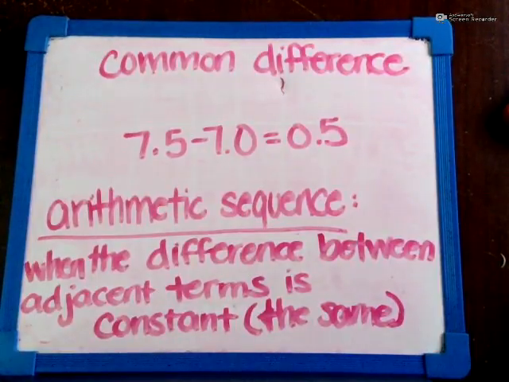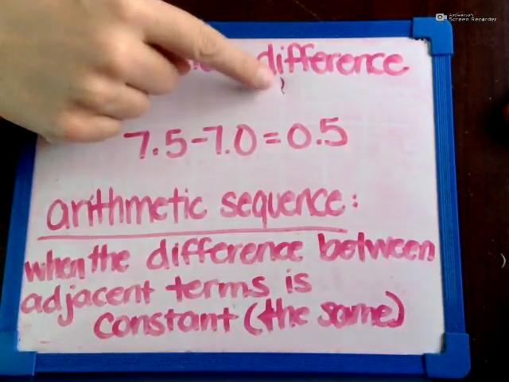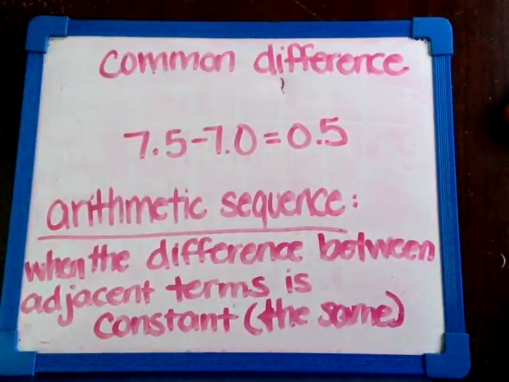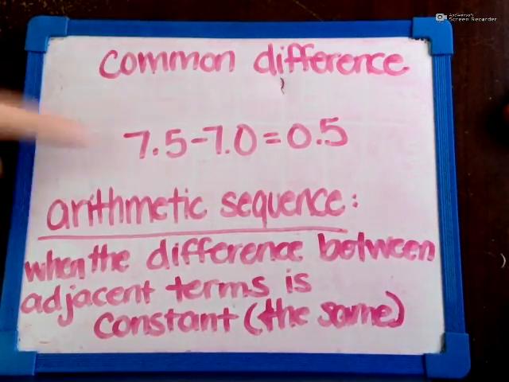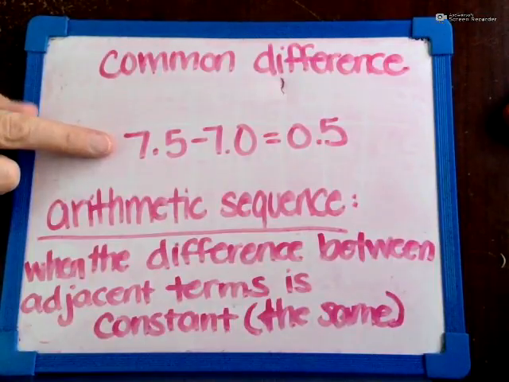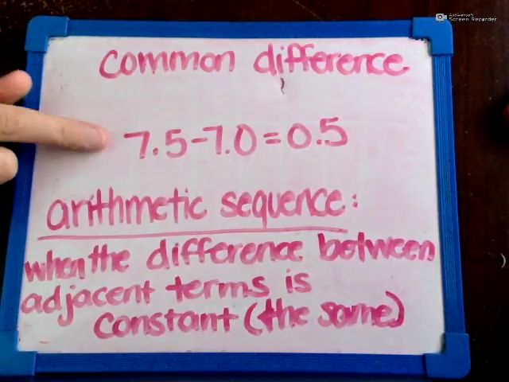In order to determine the next term in the sequence, all you do is add that constant difference to the last number that you have. Addition and subtraction are inverse operations, which means they undo one another. So if our last number is 7.5, and we add 0.5 to it, the next number in the sequence is going to be 8.